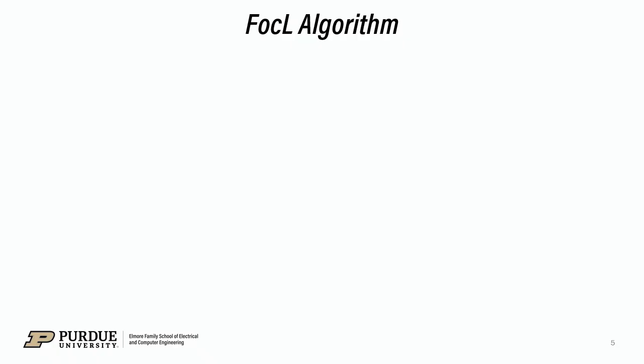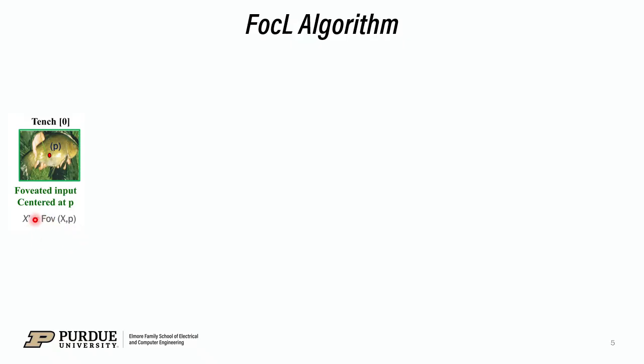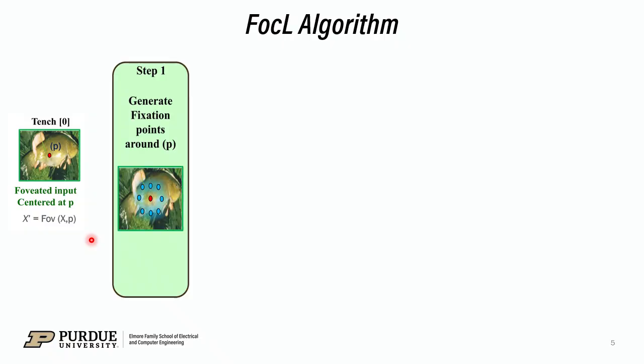Now let's see. We take this image, which is cropped with the help of the given bounding box, and the red point P here is, say, the saccadic fixation point that we mentioned earlier. So our X is now the foveated crop given the actual image and the saccadic fixation point P. Step one is to generate parafoveal fixation points around P given slightly jittered actions.